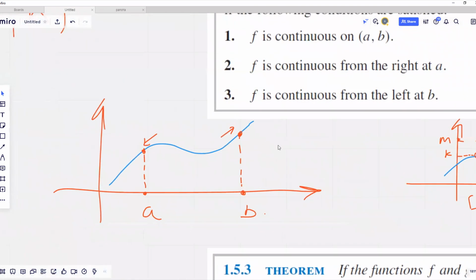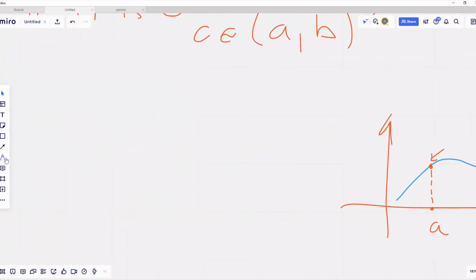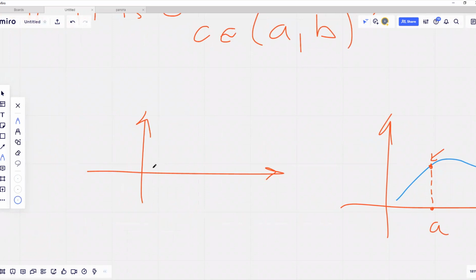Okay, now if we take a look at this plot, this function is continuous on closed interval from a to b. Another example, let's say that we have a function like that, and let's assume that the right endpoint is removed and placed on top somewhere here. So we are fine with the left endpoint.